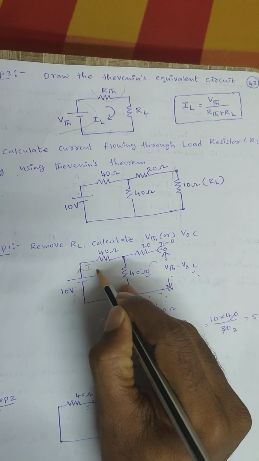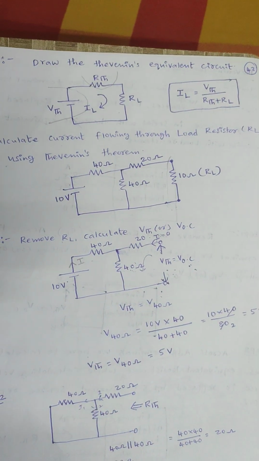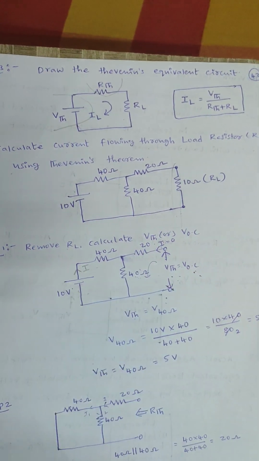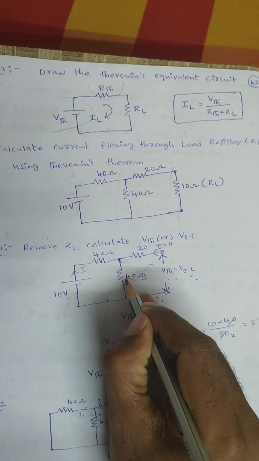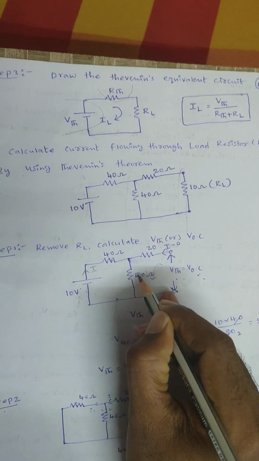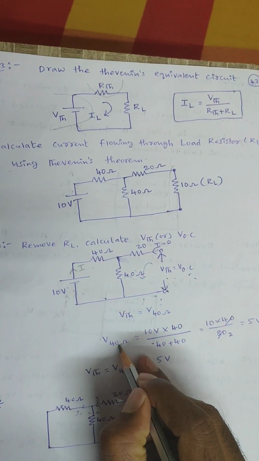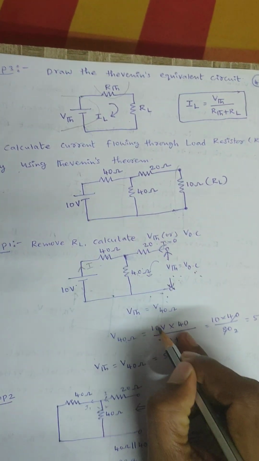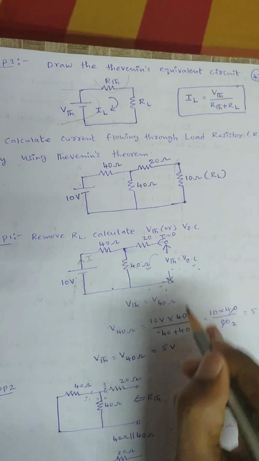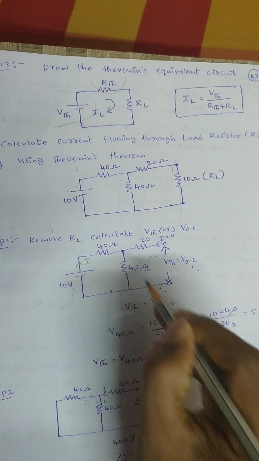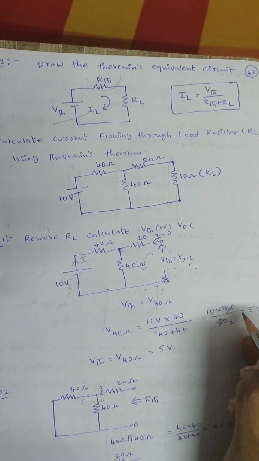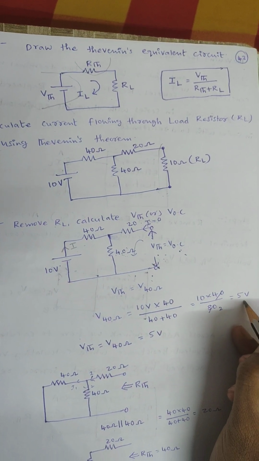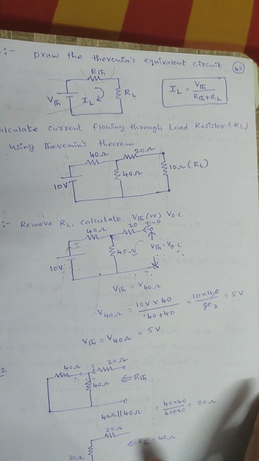The circuit is a series circuit, so I can use the voltage division rule: voltage across the 40 ohm resistor is total voltage times that branch resistance divided by the sum of the series elements. Then the voltage across 40 ohm will be 5 volts.